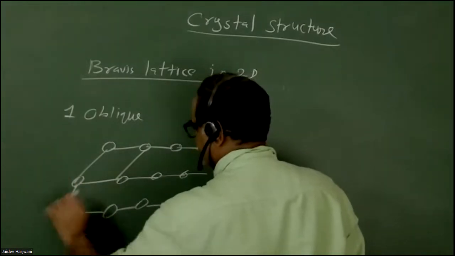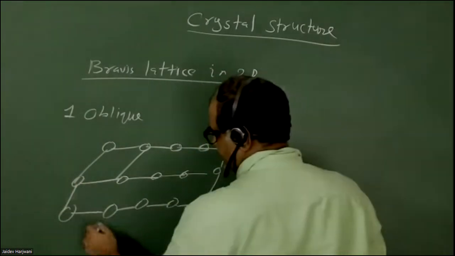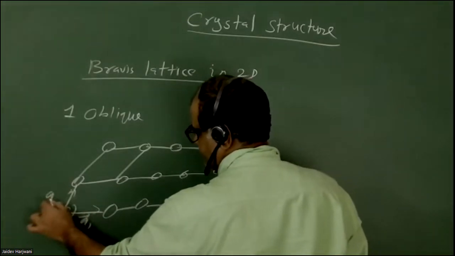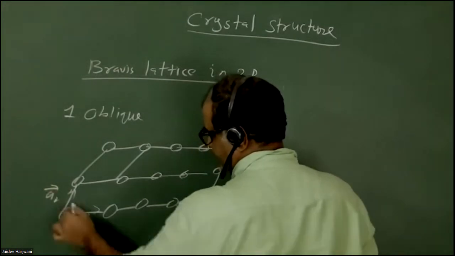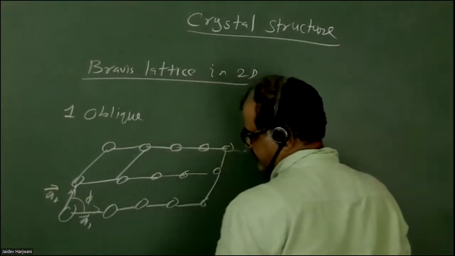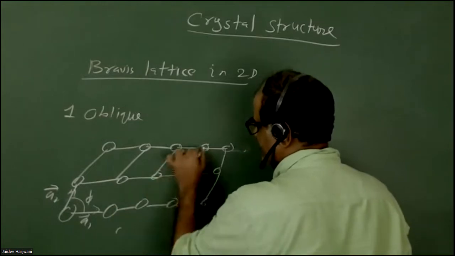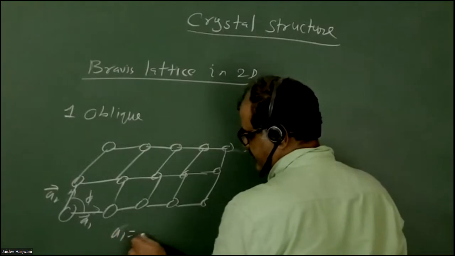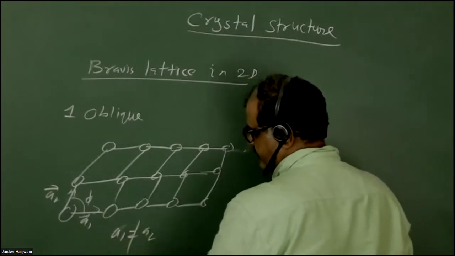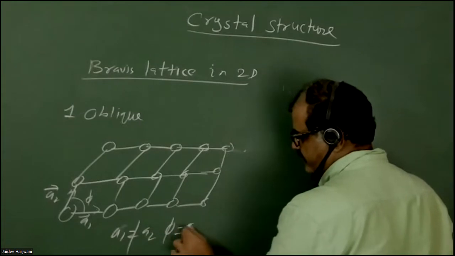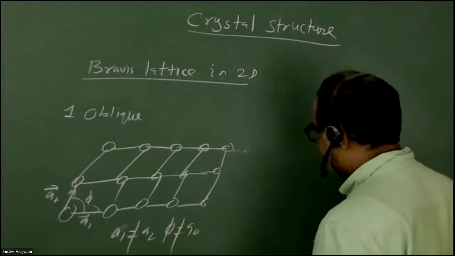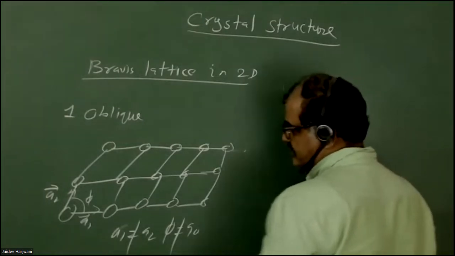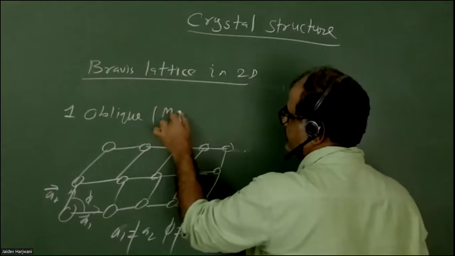You can draw it in a parallel way. Say this is my a1, and this is my a2, these are my primitive lattice vectors, and this is the angle phi between the two. So in general, a1 is not equal to a2, and phi is also not equal to 90. So this is your oblique lattice, and the crystal system is monoclinic.